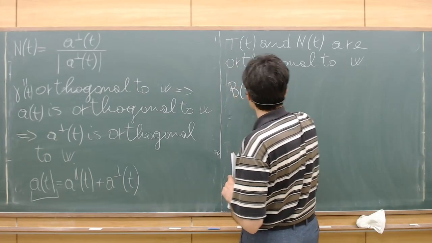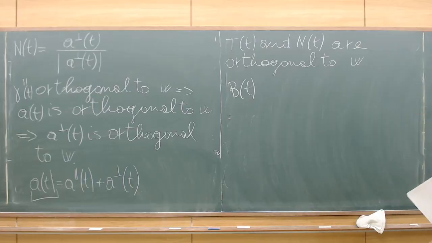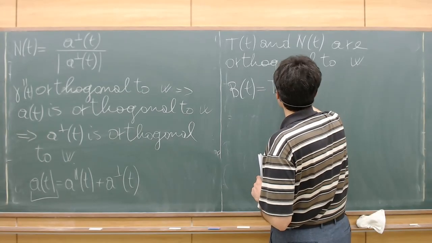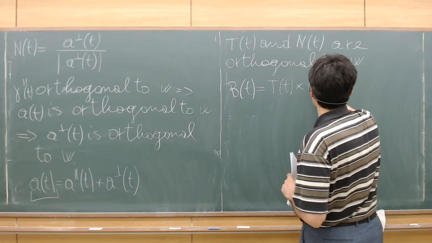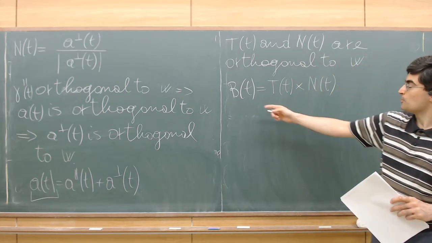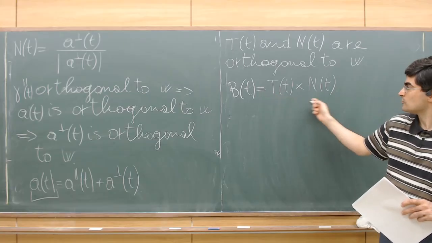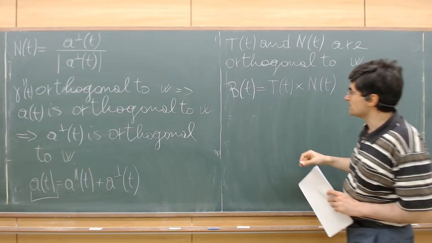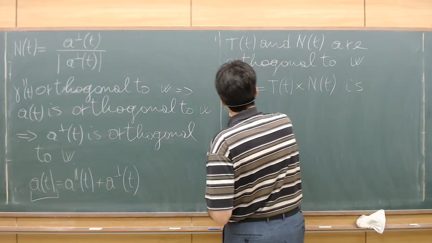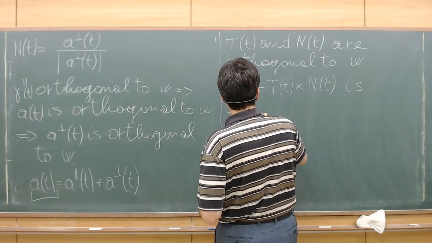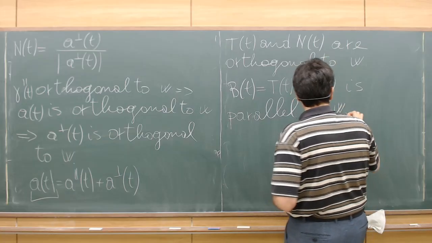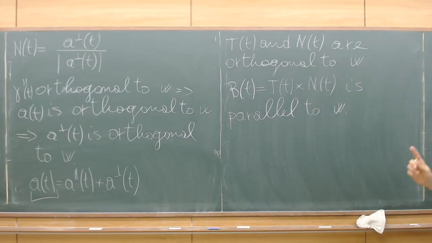By definition, the unit binormal vector is given by T(t) cross N(t). Since B(t) is defined through a cross product, this is a vector which is parallel to w and of unit length.